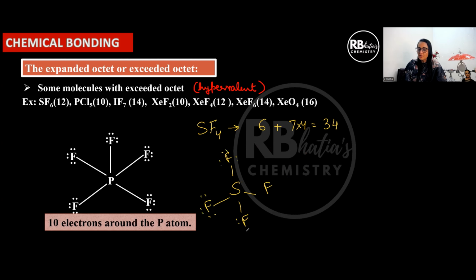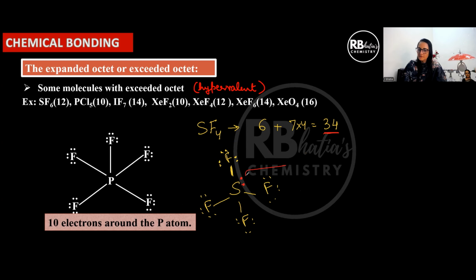It will take you 30 seconds, children, to complete the structures if you're good with Lewis-Strauss structures. How many gone? 32. Each fluorine you can see has 8: 2, 4, 6, and this 8. 8 into 4, 32. We are left with 2 in the pool. So I put them here.